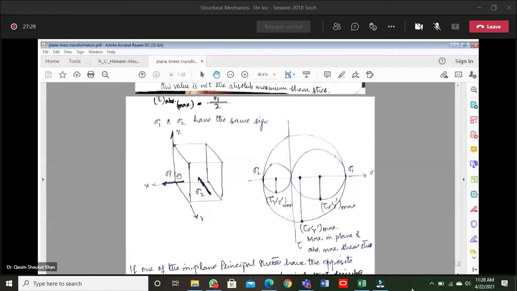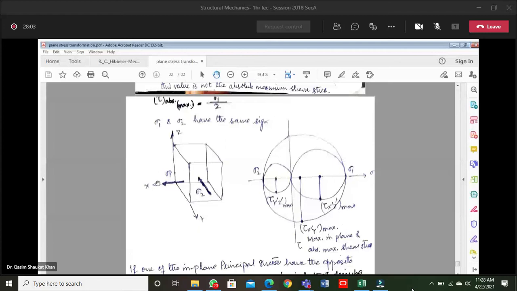This second circle represents 0 to sigma 1, so the X maximum. Then the third is the X and Y plane, the Mohr circle which is connecting sigma 1 and sigma 2. This outer Mohr circle is connecting sigma 1 and sigma 2, giving sigma 1 minus sigma 2.